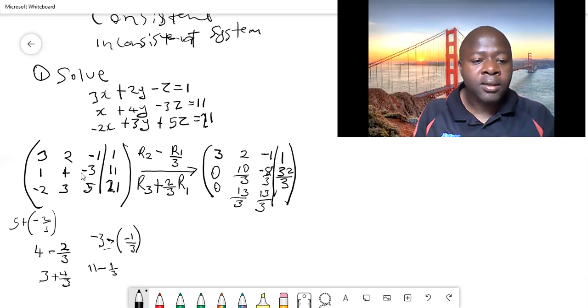And then lastly, 2 over 3 of this would be 2 over 3, added to 21 would be 65 over 3.